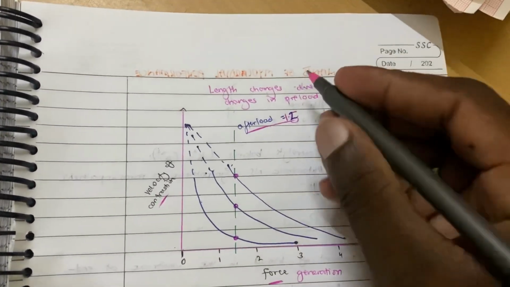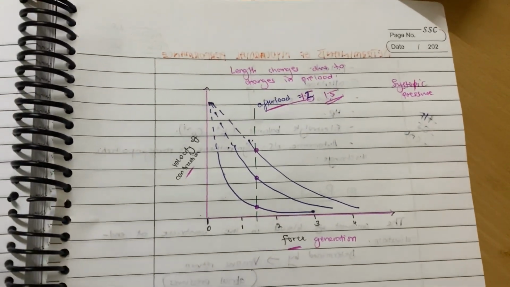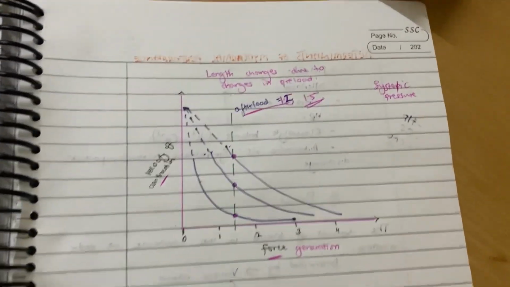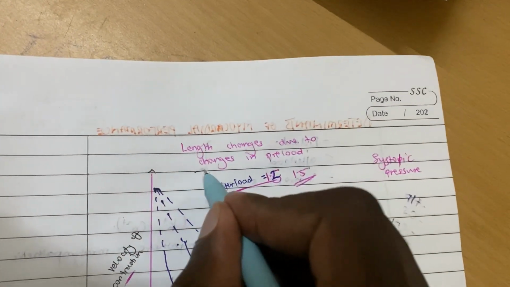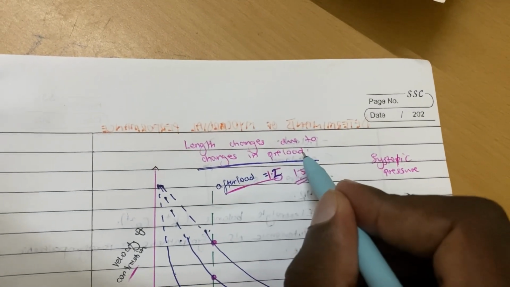If you fix the afterload at 1.5 and then you change the length, see, the graph is of changing length due to changes in preload.